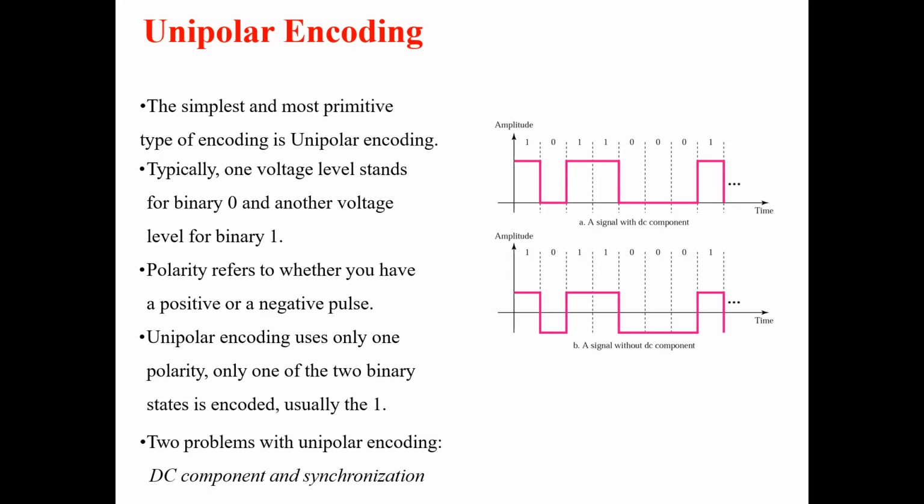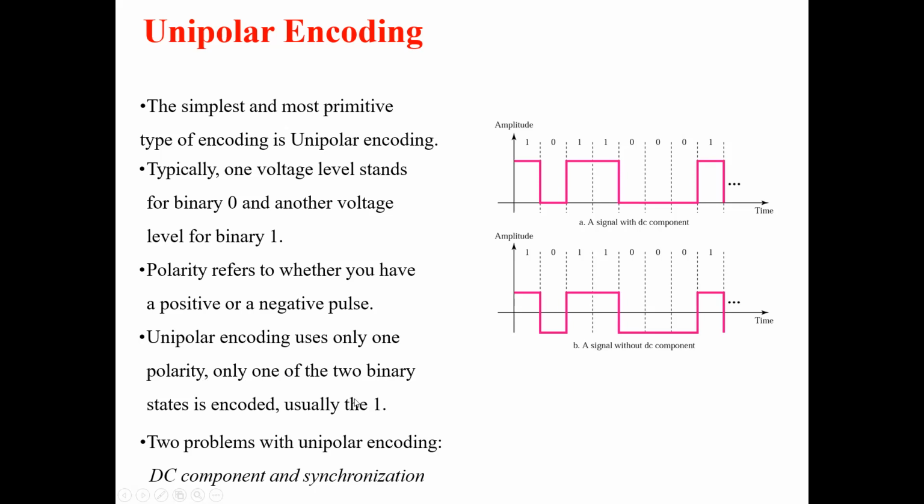We are using a positive 1, meaning positive voltage, and 0 volt indicates a binary 0. Unipolar encoding uses only one polarity; only one of the two binary states is encoded, usually the 1.